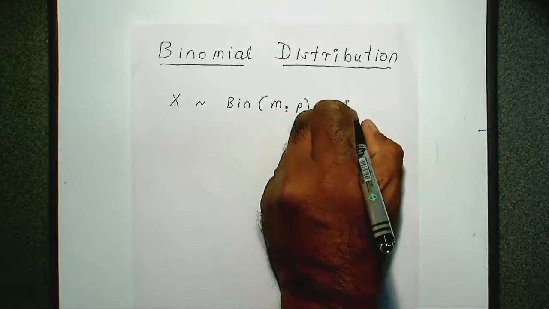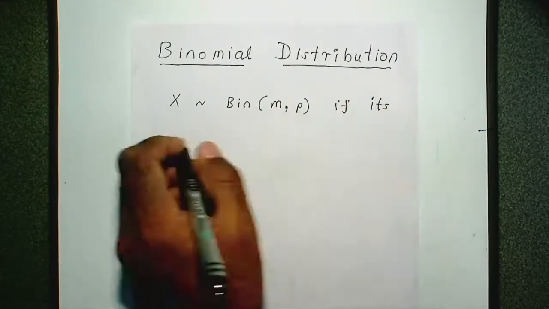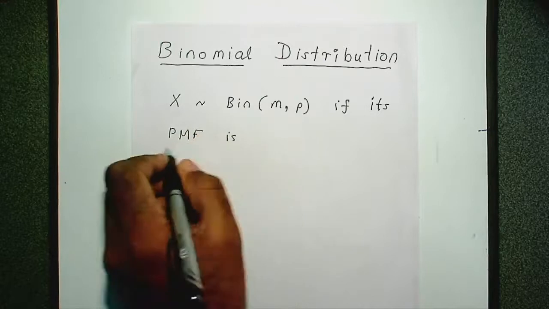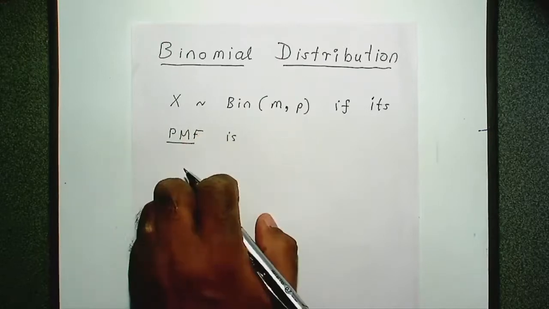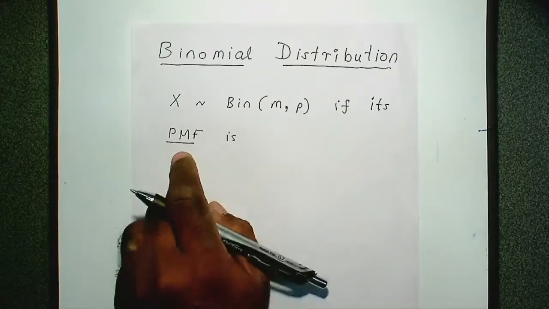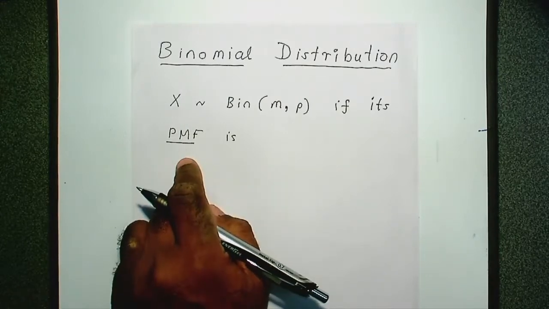if its PMF is... remember, PMF stands for probability mass function. When you deal with a discrete variable, it is PMF. When you deal with a continuous variable, it is PDF. Remember that.